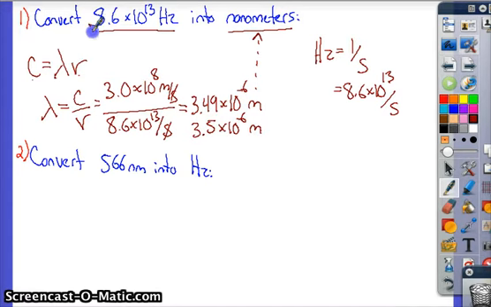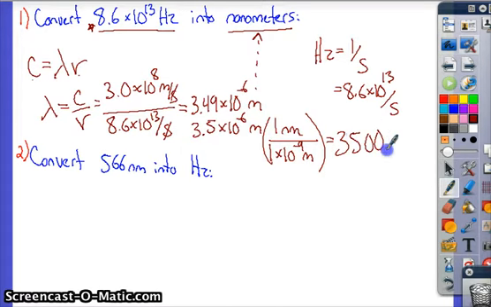Two sig figs because our given value has two significant figures. And to convert that into nanometers, we use the equivalence that 1 times 10 to the negative 9 meters is equal to 1 nanometer. And our answer to two significant figures would be 3,500 nanometers.